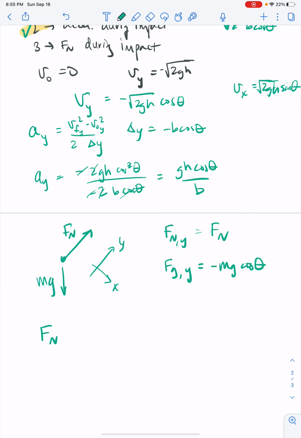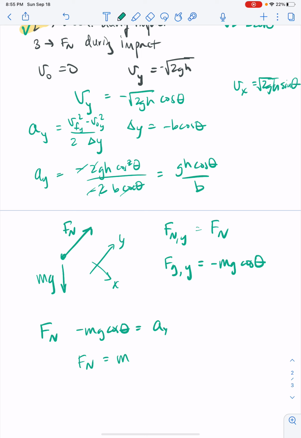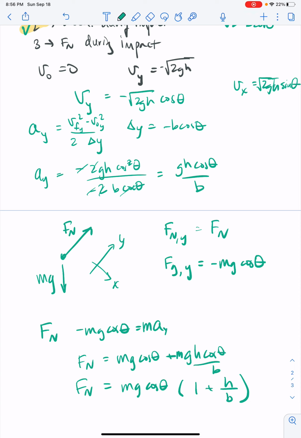So Fn minus mg cos theta is m times our acceleration along y. So Fn equals mg cos theta plus m g h cos theta over b. So then our Fn is mg cos theta times 1 plus h over b. All right, and that's the last of the results that you're going to need to have already found for the assignment today.